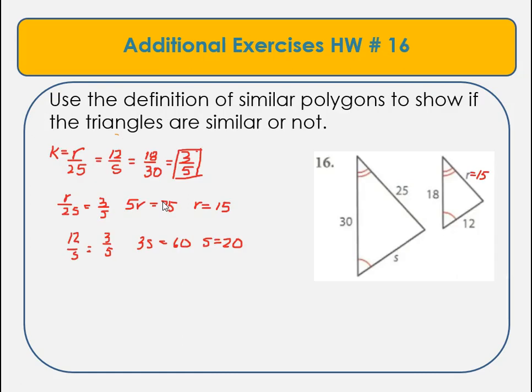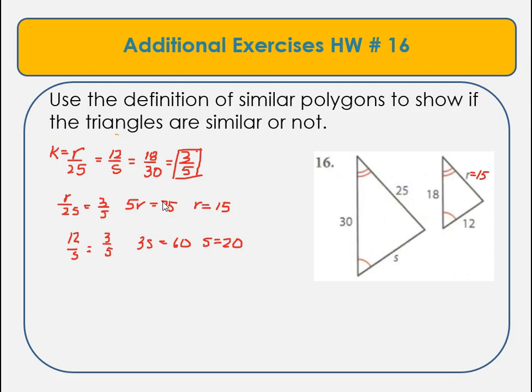Let's look at homework number 16. We've got two triangles, the larger triangle and the smaller triangle. What we're going to do is solve for our similarity ratio. And in your book, as an exercise, they have you set up every ratio. So let's start with R, because we are solving for R. R is to 25.